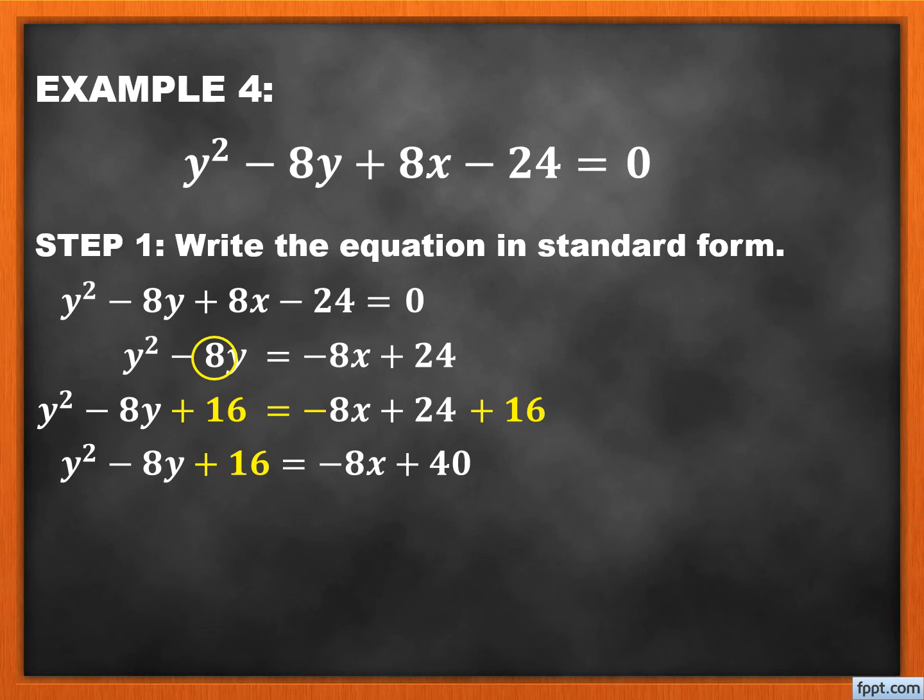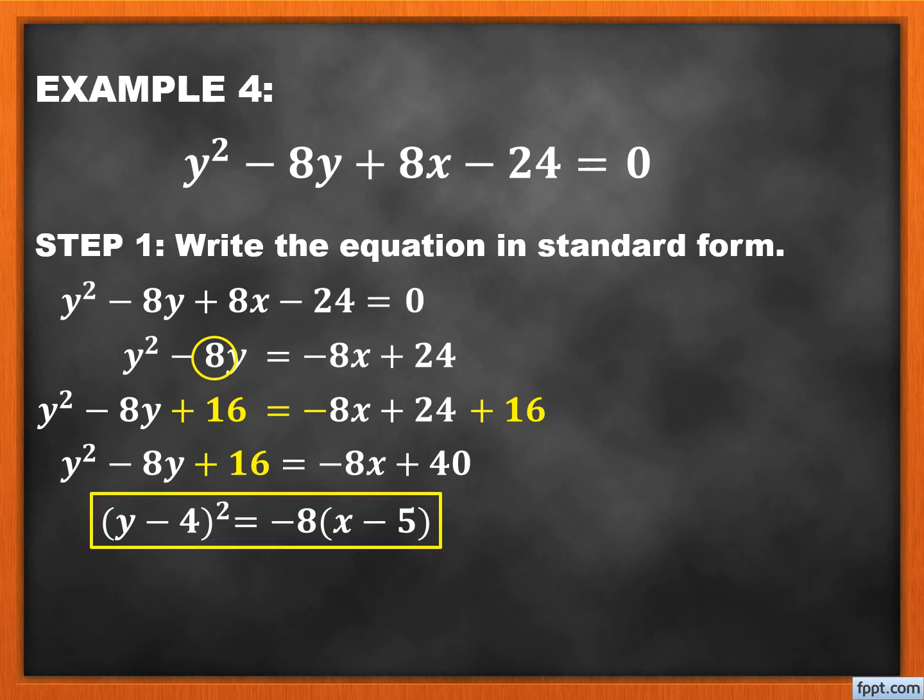Now, let us get the factors of y² - 8y + 16 and -8x + 40. The factors of y² - 8y + 16 is the square of (y - 4), while the factors of -8x + 40 is -8 times (x - 5). So that is our standard form of the equation of the parabola.